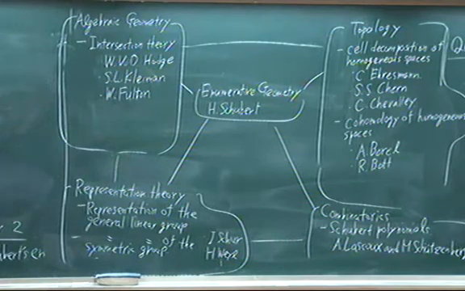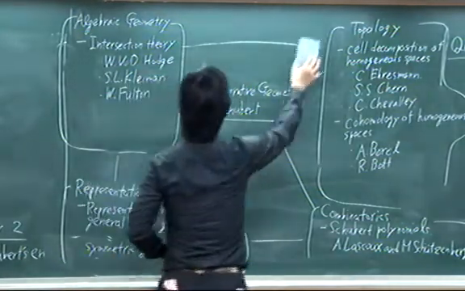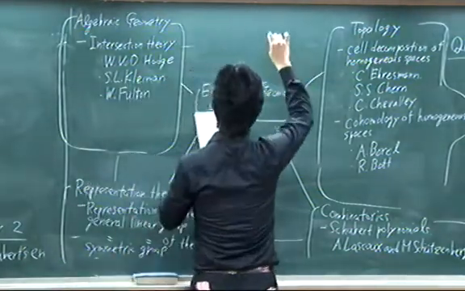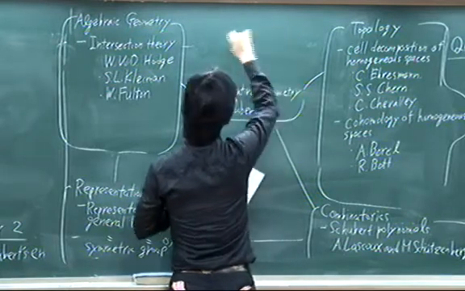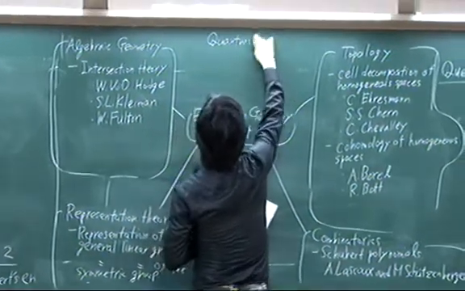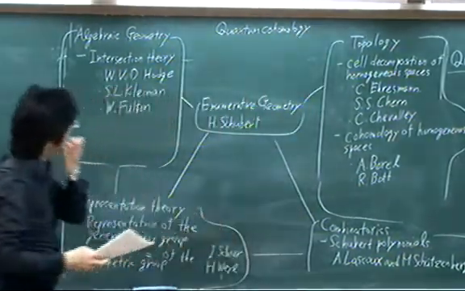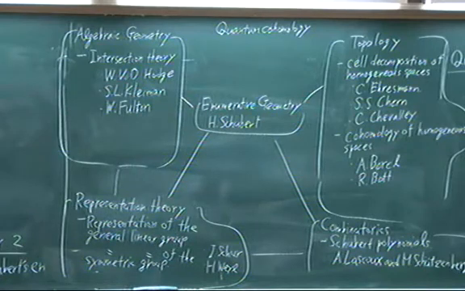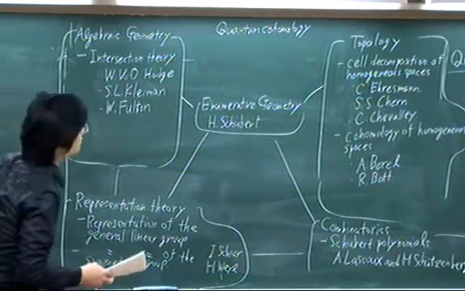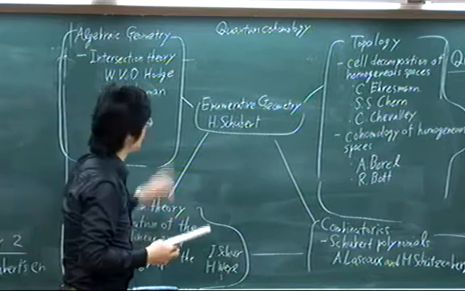And another special feature of Schubert calculus is the relation with quantum cohomology. Quantum cohomology was constructed by physicists around 1990. It turns out that it is closely related to enumerative geometry, Schubert calculus.